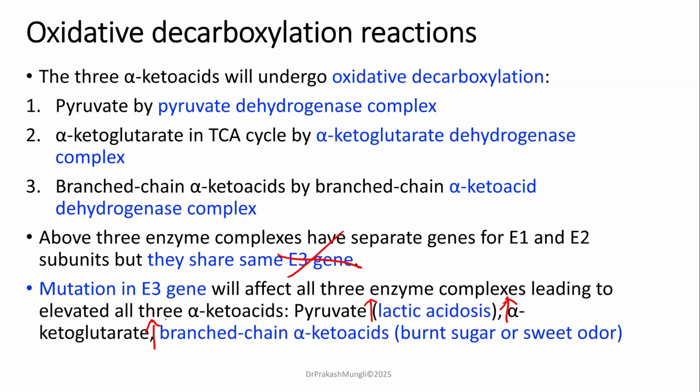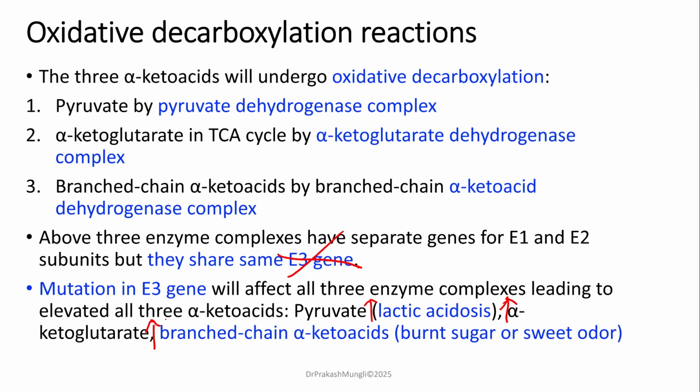So when these branched chain alpha keto acids are elevated in the blood, they will appear in the urine because they are water soluble. So body fluid, whether it is urine or sweat, smells like burnt sugar or maple syrup, a sweet odor.